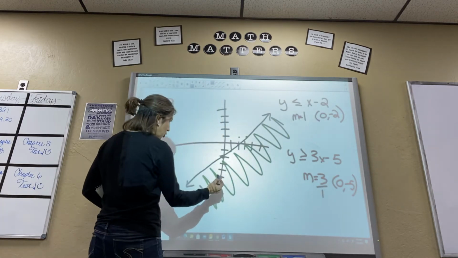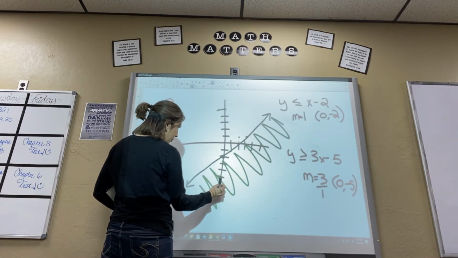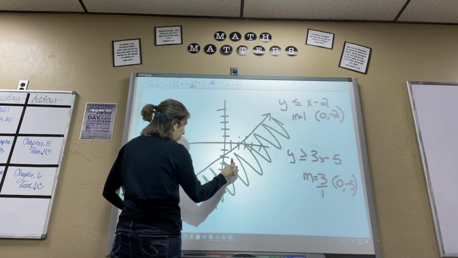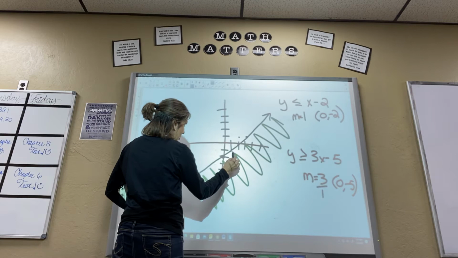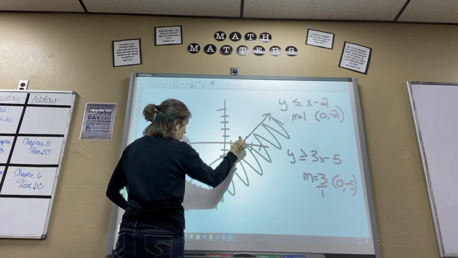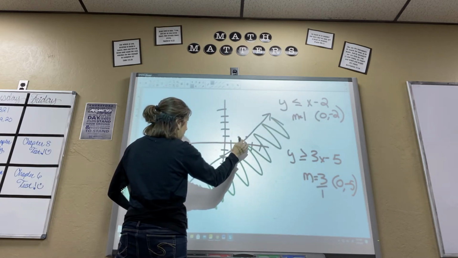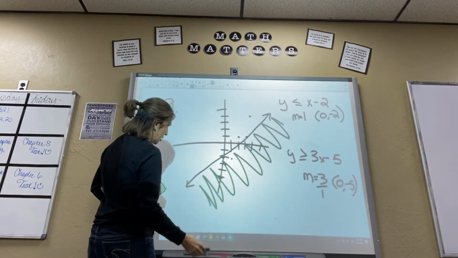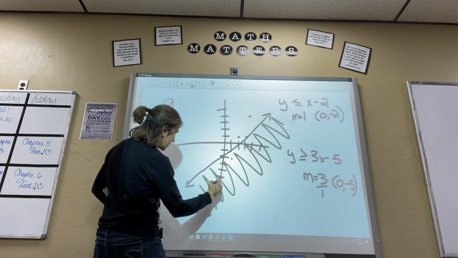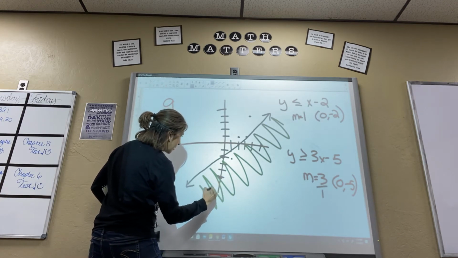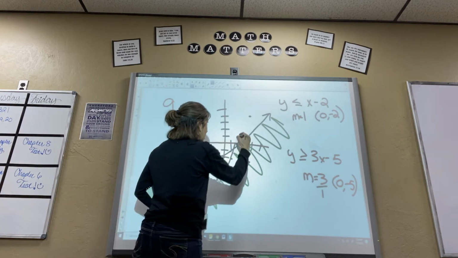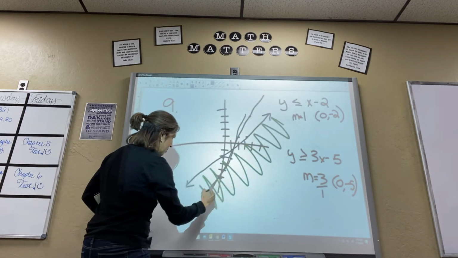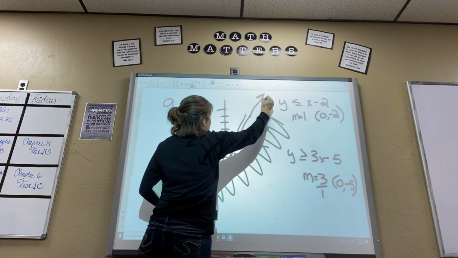So you go up 3 over 1. Up 3, 1, 2, 3 over 1. Okay, and it passes through here, so it's kind of a steep line. Ooh, that is such a bad line, but you know what I mean. Like that.